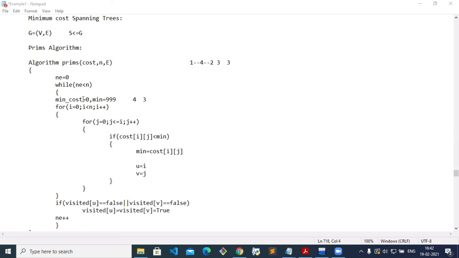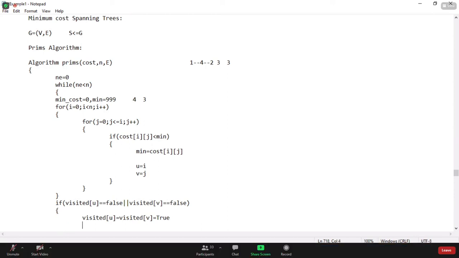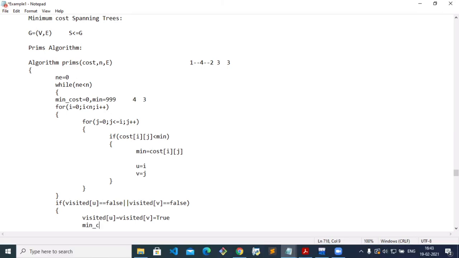Very good. See, here I have taken min cost, where whenever you are considering this if part, you update that. I forgot that. Whenever you are making those two vertices true, you are considering that edge. So here you can update that. Min cost is equal to min cost plus min, whatever value you have taken here.